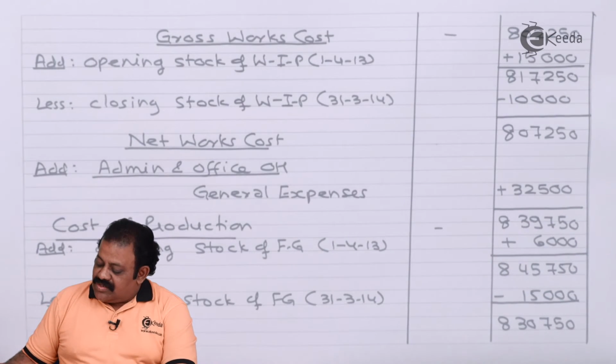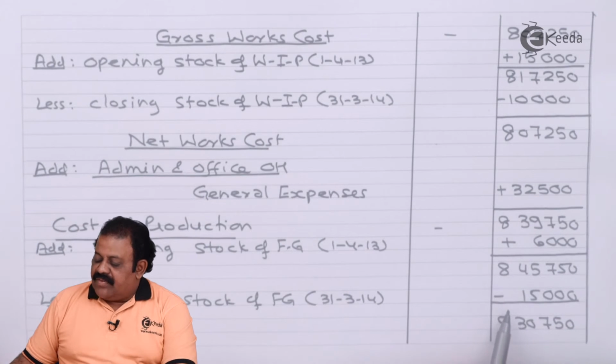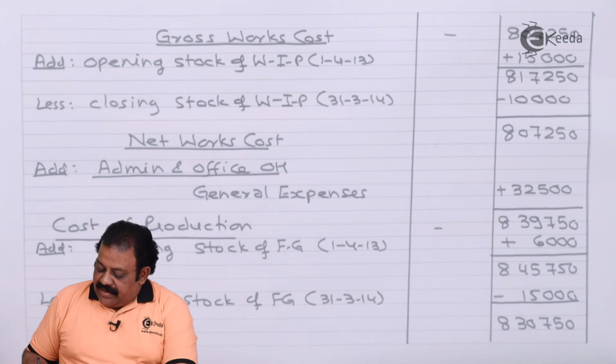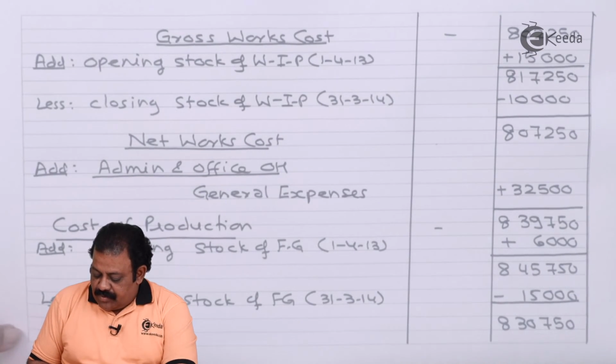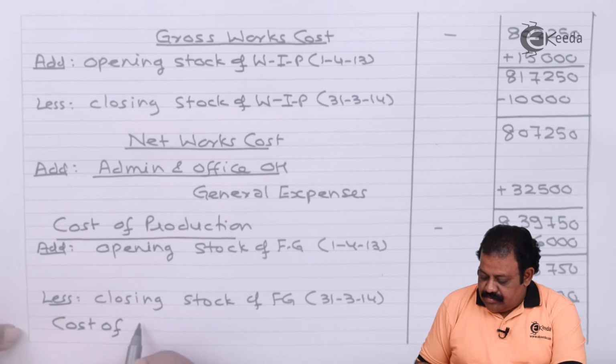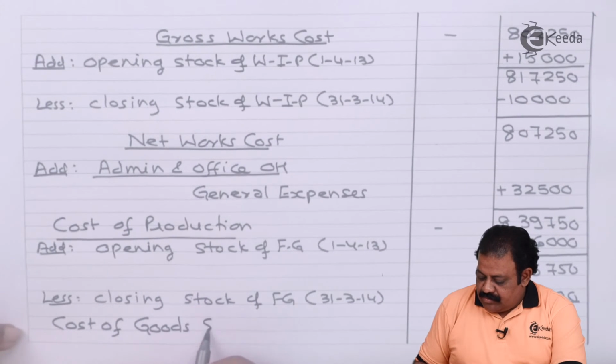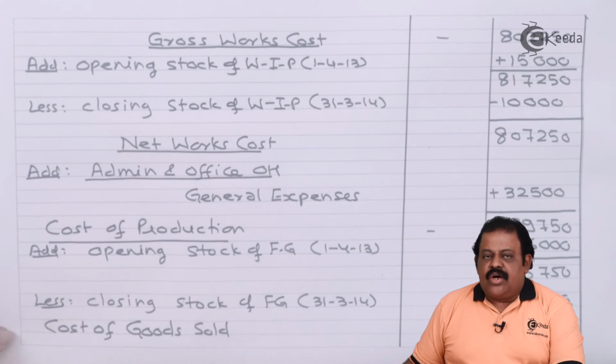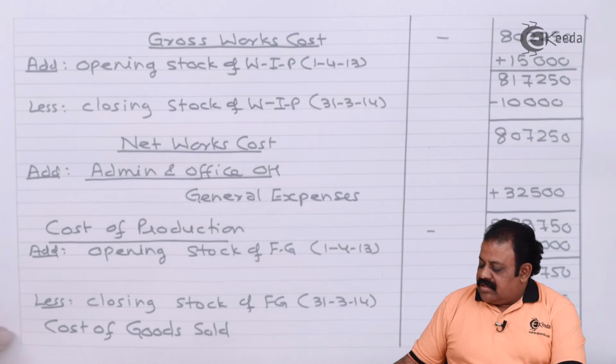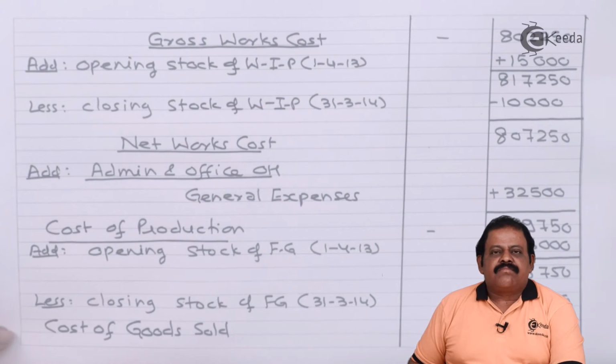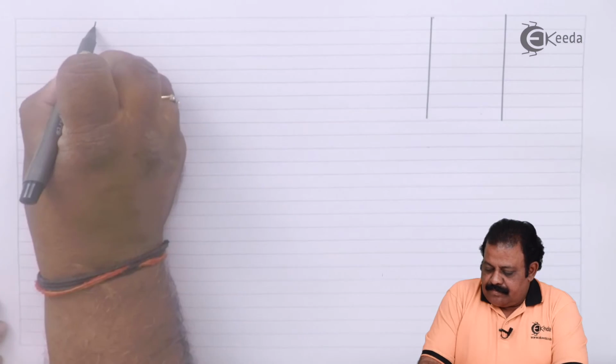Opening stock of finished goods is added, closing stock of finished goods is subtracted. Finally we got cost of goods sold 8,30,750. To this we are required to add selling overheads.